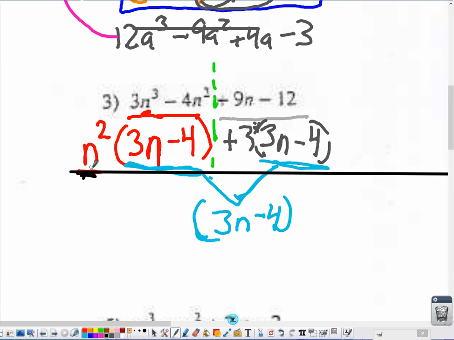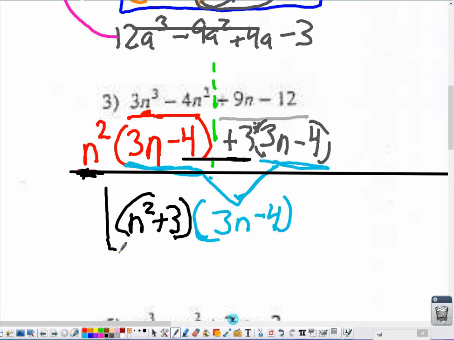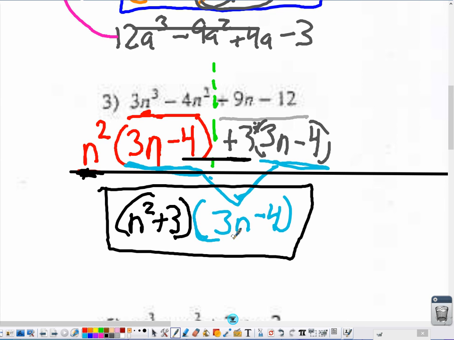I take the leftovers, n squared and 3, and those get their own set of parentheses, n squared plus 3. So my final answer, n squared plus 3 times 3n minus 4.